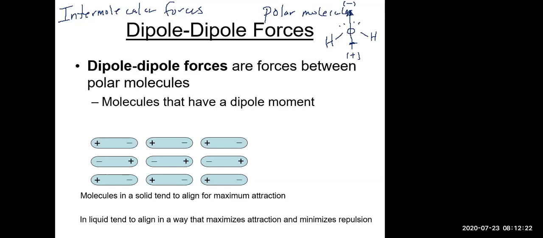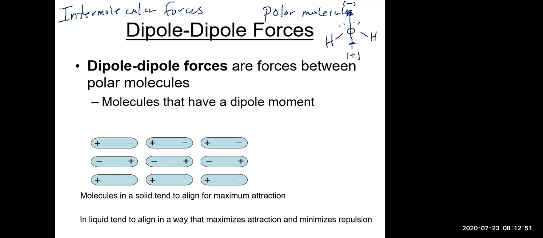It has a fixed side of the molecule that is always going to be positive and one side that is always going to be negative. And that's the result of unequal sharing of electrons in that molecule. That provides the basis for how polar molecules interact with each other. A lot of polar molecules will interact through this dipole-dipole interaction.